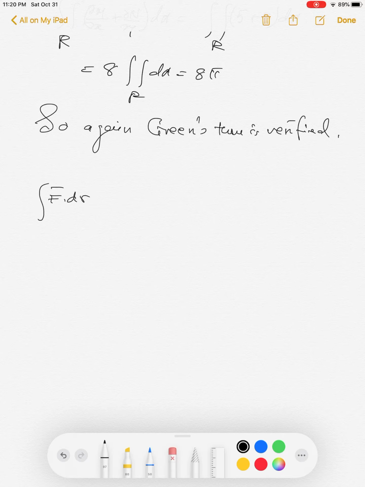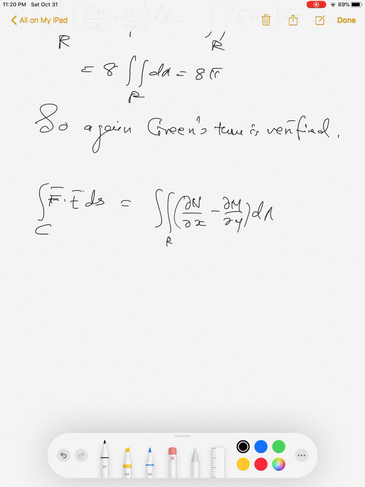So let me write down both forms to summarize. Let's see what we have said. We have said that the line integral of F bar dot T bar ds along a curve C is equal to the double integral of dN/dx minus dM/dy over R, and this is your form 1.